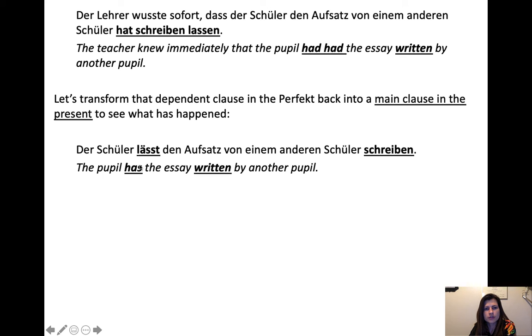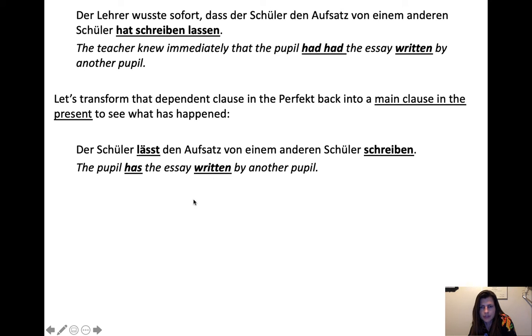So in this case, you can see that lässt, which is present tense of lassen, actually indicates has in the sense of arranging. The student arranges for the essay to be written by another student. So that's lässt. And then we just combine lassen with the infinitive to make this construction in English to have it done for you.